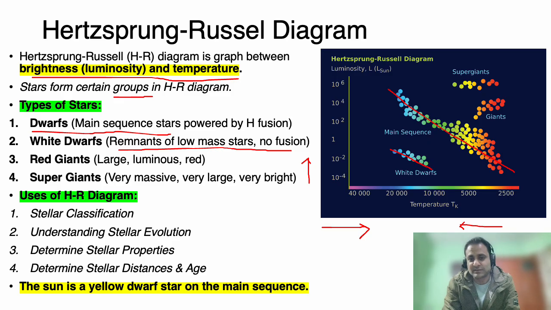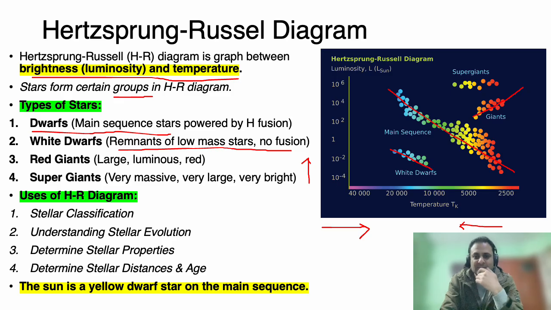And then there is another group called red giants, or simply giants, along this line. Giants are large in size. The star is much bigger than the sun, and usually the color is red, which means they are a bit cool, not very hot.